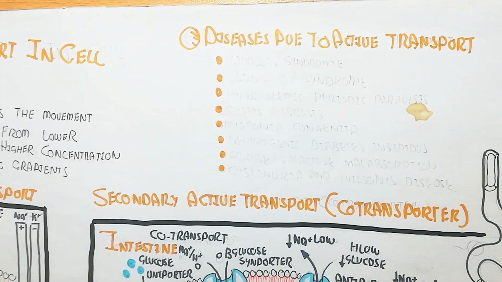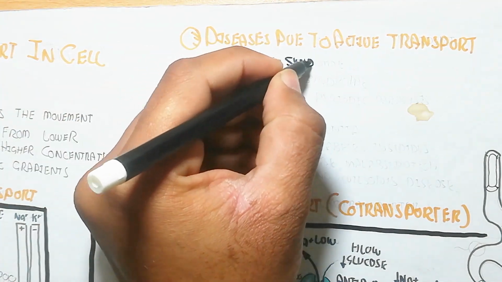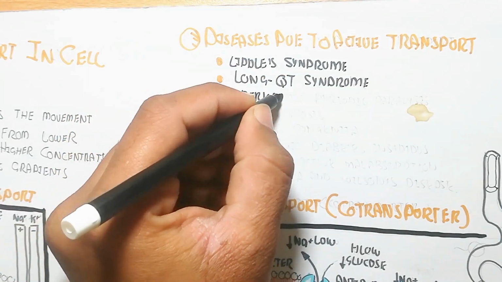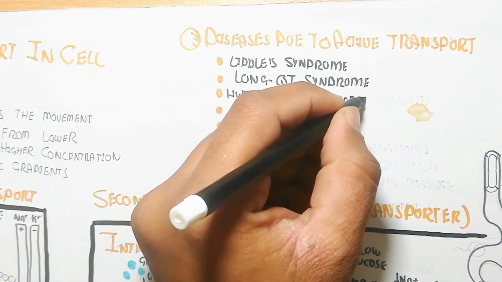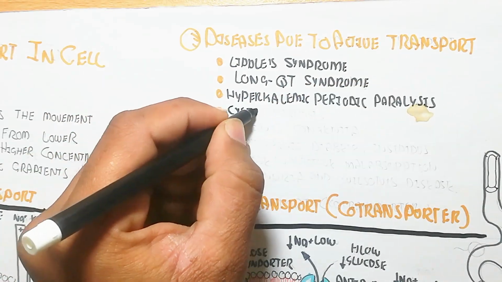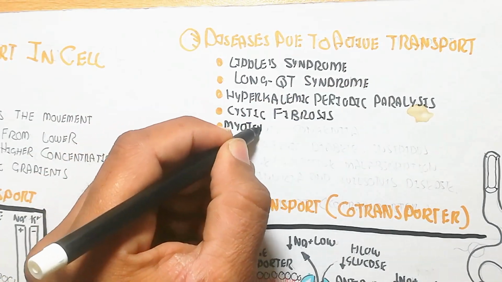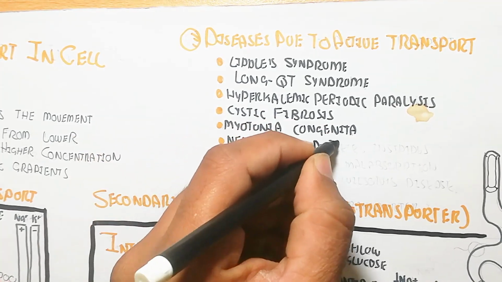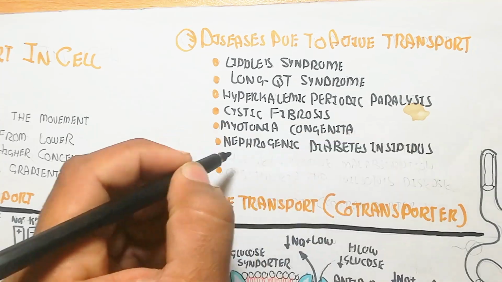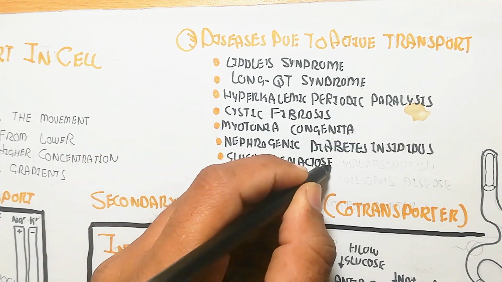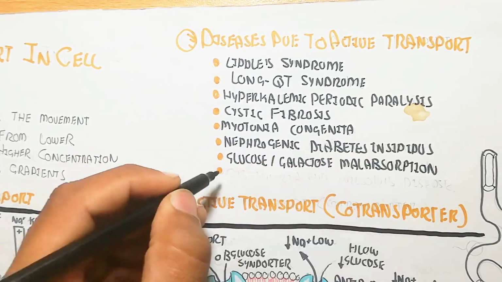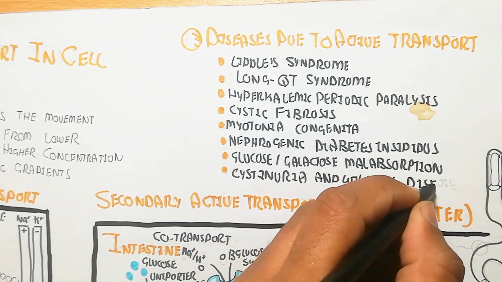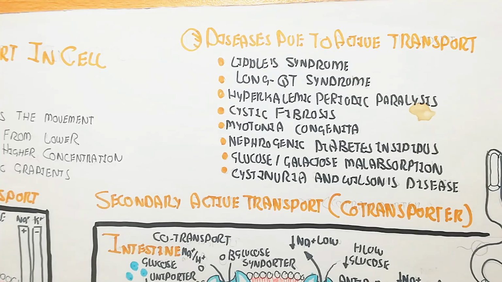These are the diseases due to active transport: Liddle syndrome, long QT syndrome, hyperkalemic periodic paralysis, cystic fibrosis, myotonia congenita, nephrogenic diabetes insipidus, glucose galactose malabsorption, cystinuria, and Wilson's disease. We will understand them one by one in separate videos.